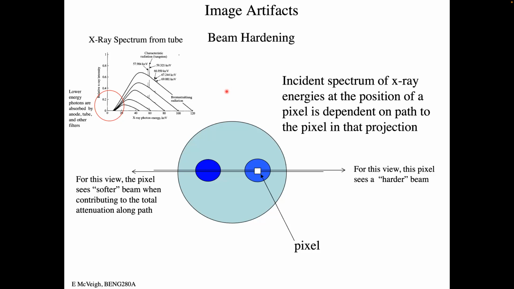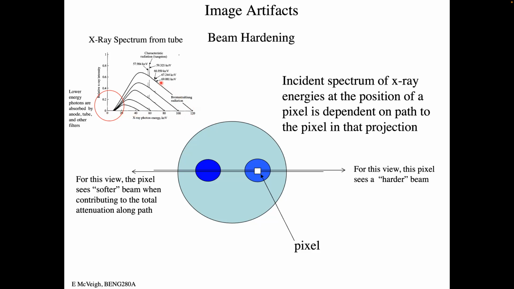Another artifact is called beam hardening. And we alluded to this when we were looking at the spectrum of energies that exist inside an X-ray beam produced by a diagnostic X-ray tube. So if I set the voltage between the anode and the cathode to 120 kilovolts, then this is the number of photons as a function of energy from 120 keV all the way down to 0.